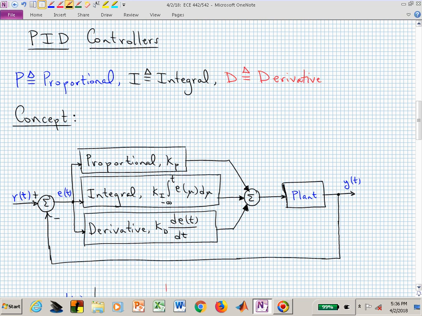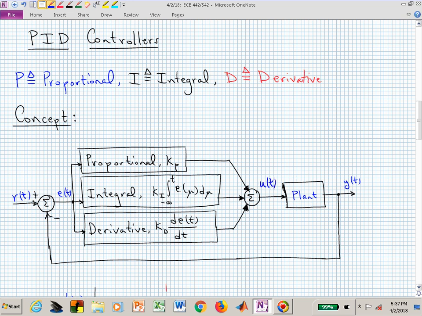If you simply wanted a proportional controller, you wouldn't have these 2 other parallel paths, the integral path and the derivative path. But whatever that path is, that's really what it's doing to the error signal E of t. Is it simply scaling the error at the present time and injecting that as a part of the input U?